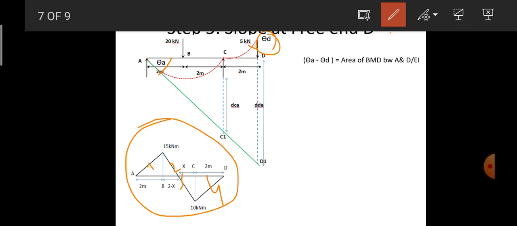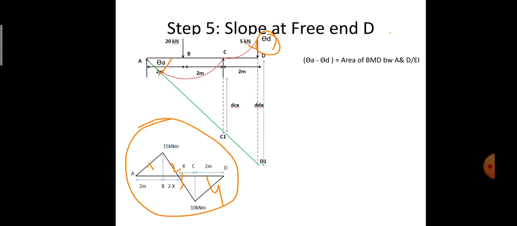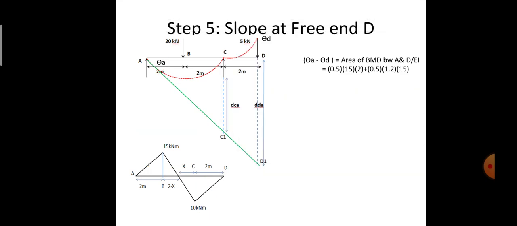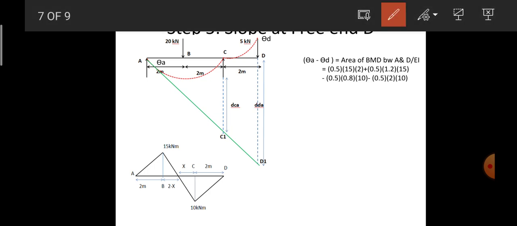So I need to take the area of all the triangles into consideration in order to calculate that. Coming on to the first triangle, with A, B and 15 with base as 2 meters, it is half into 2 into 15.